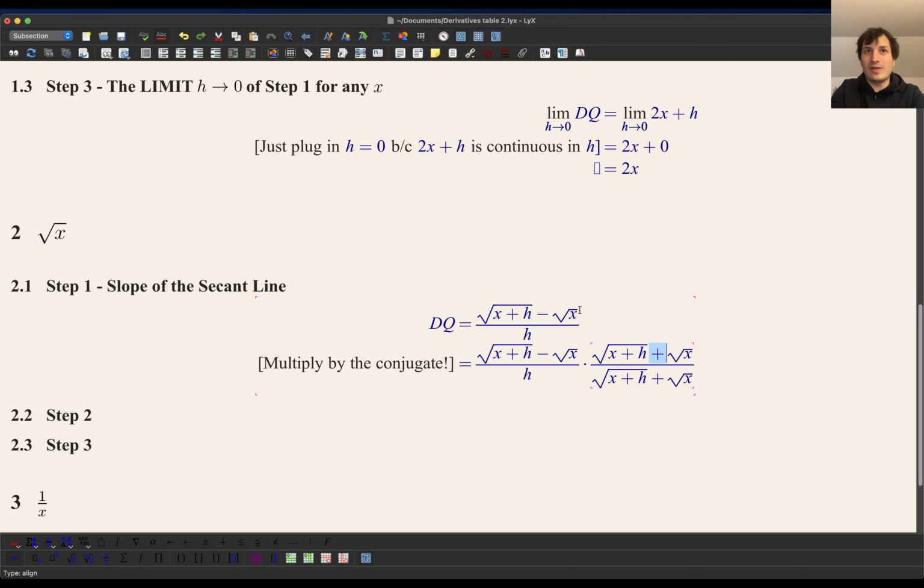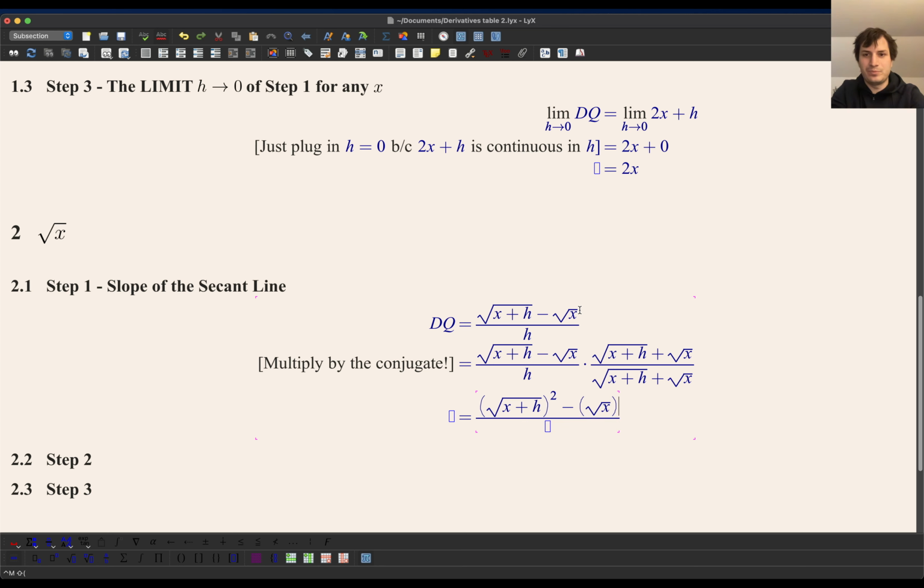In our last problem, there was a difference of squares. But now, by multiplying by the conjugate, I've created a difference of squares. So what do you get? The thing on top, something minus something else, times the first something plus the something else, altogether will be a difference of squares and will become the square root of x plus h all squared minus the square root of x all squared.